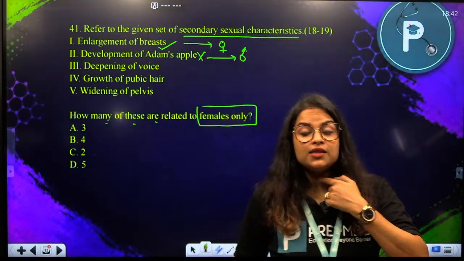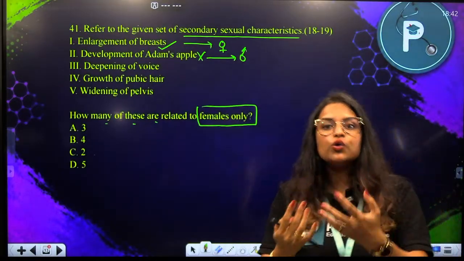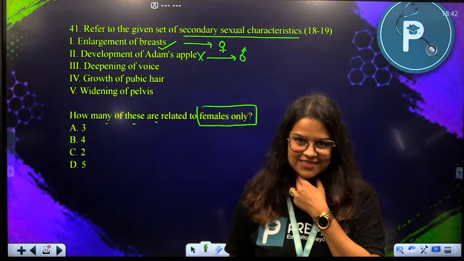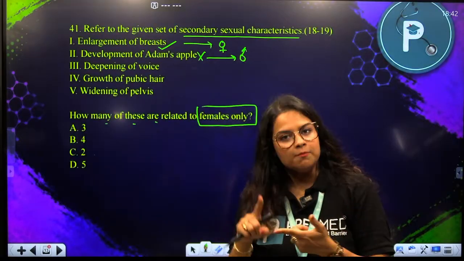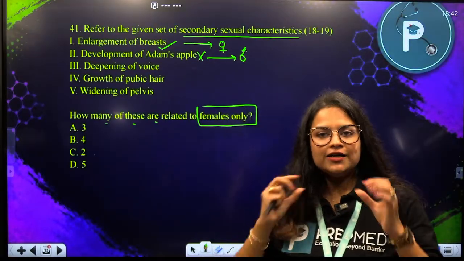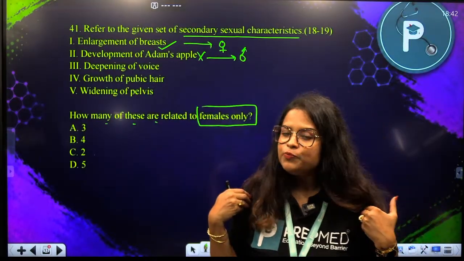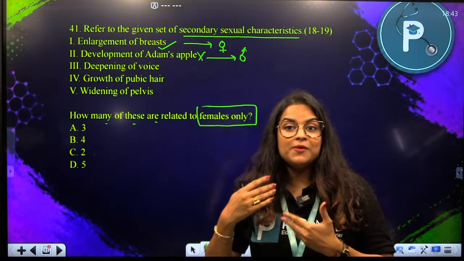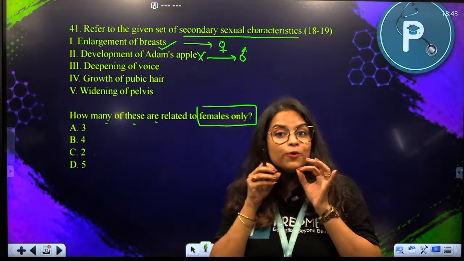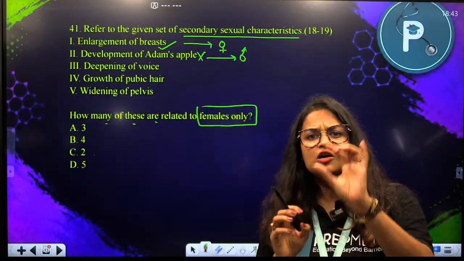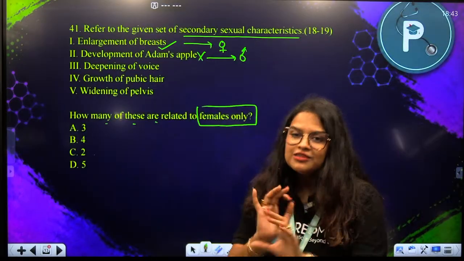Adam's apple is the prominent overgrowth of the thyroid cartilage that is only present in males after puberty. So that is grown due to testosterone effect. But as female, we have a thyroid cartilage, but we do not have testosterone. So that prominent growth, enlargement of some part of the thyroid cartilage is absent in us.